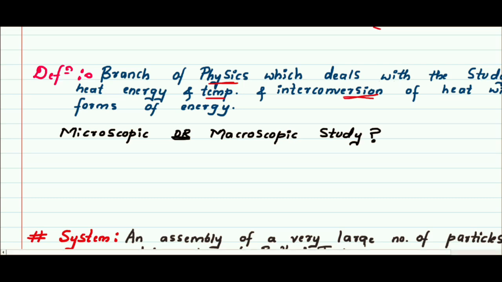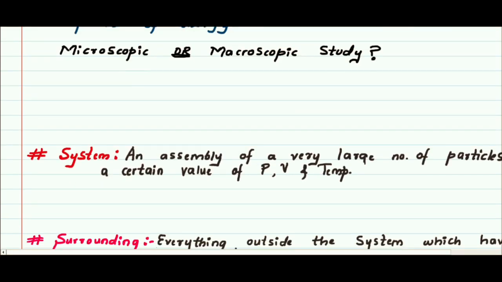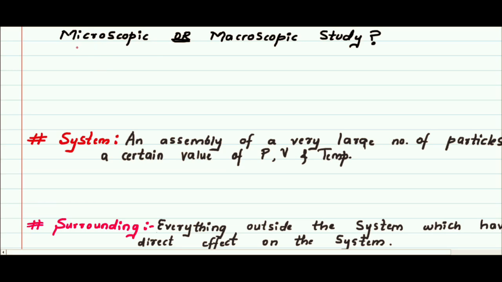So one more question arises here, right? Is thermodynamics a microscopic study or a macroscopic study? Microscopic means which is small, or we can say the study of tiny particles, and macro means which is large or in bulk quantity, and that study is called a macroscopic study, right?